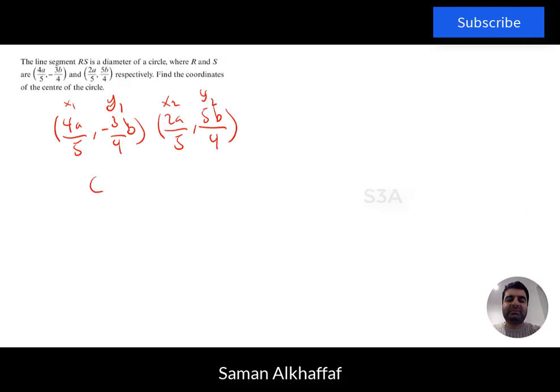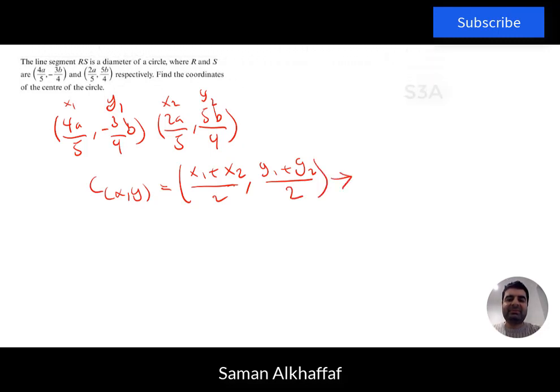So to find the center, we have x1 plus x2 over 2 for the x coordinate. For the y coordinate we'll have y1 plus y2 over 2, so that's the equation to find the midpoint of the center.